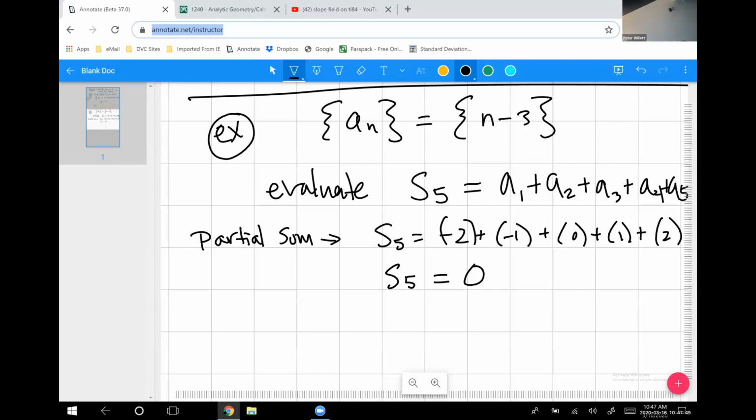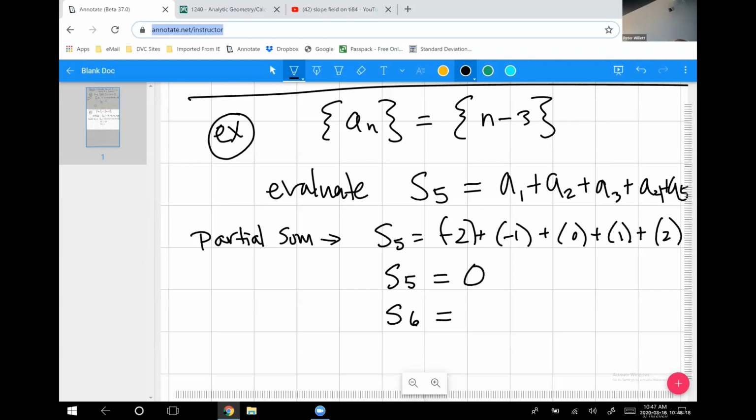We could, for example, consider S sub 6. That would be to add up the first 6 terms of the sequence provided. So note, if I already have the result of the first 5, then to get the partial sum up to the 6th term, I would just need to add what the 6th term would give us.